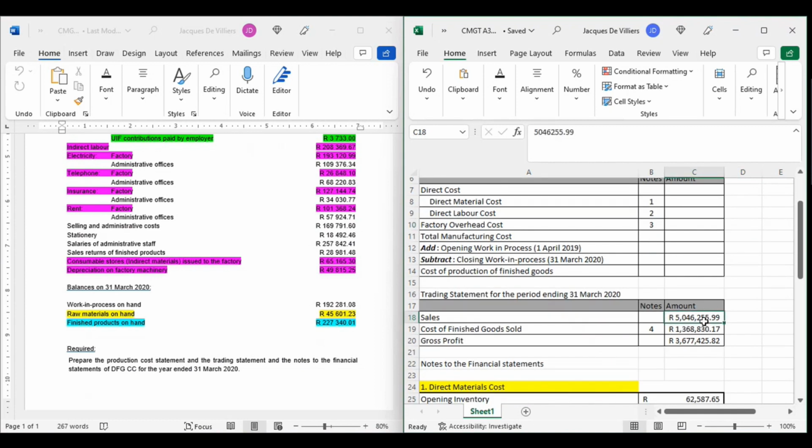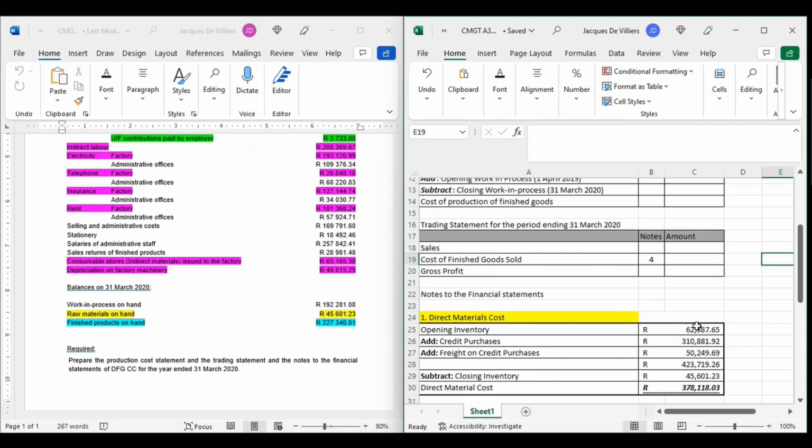When it comes to your trading statement, let's quickly white that out as well. The trading statement is simply your gross profit. So it is your sales minus your cost of finished goods sold that will give you your gross profit. And that calculation of the cost of the finished goods sold, that is your note 4.